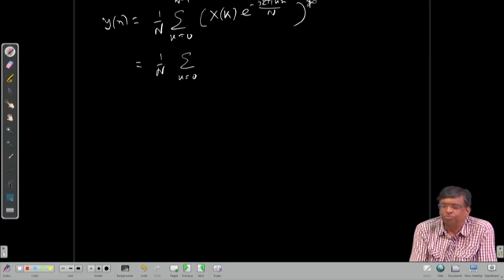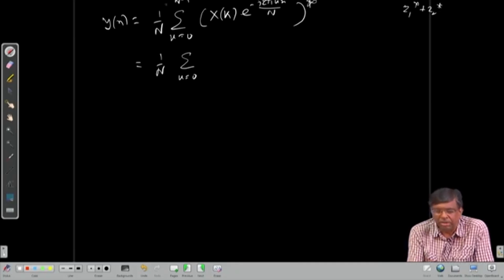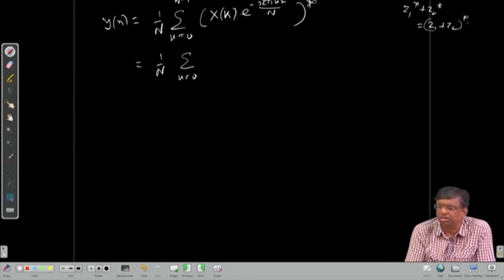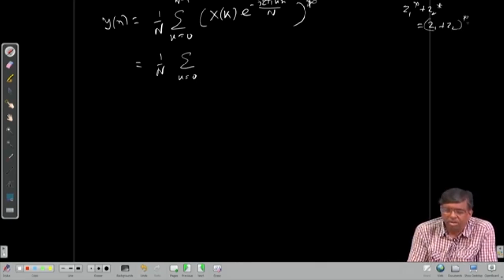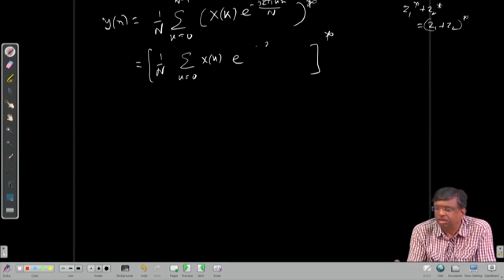If I give you a set of complex numbers and their summation, z1 star plus z2 star, there are capital N terms, I am just taking 2, this is the same as z1 plus z2 star, as I discussed in the previous class. So, I can put it like this: X k e to the power minus, that is first sum and then star.